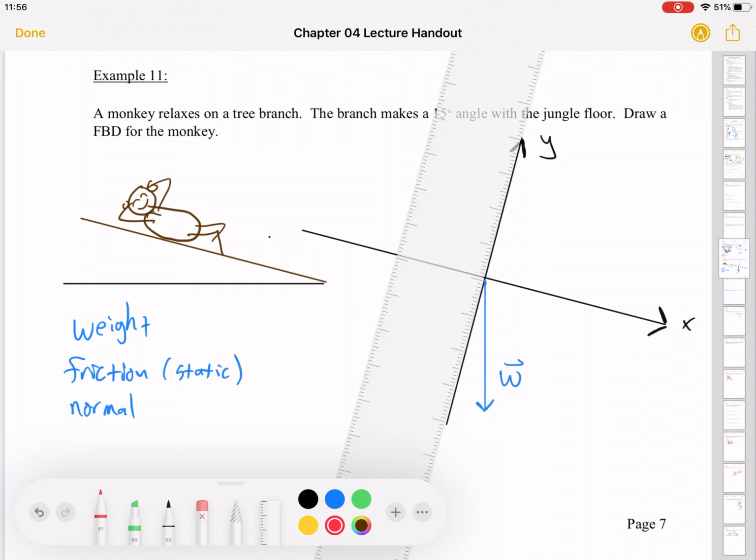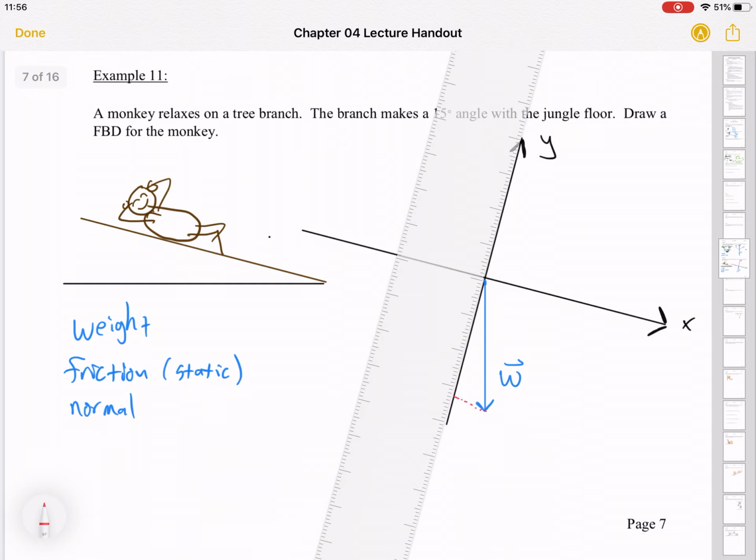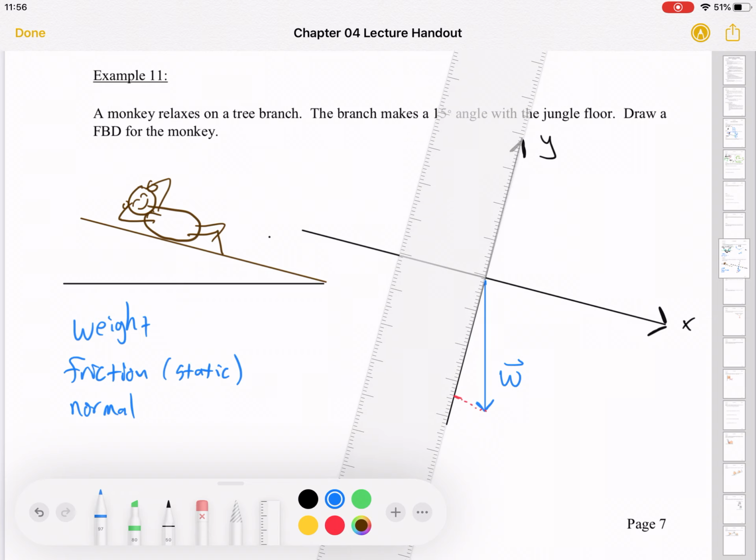So the normal force is going to exactly match the y component of weight, and the y component of weight dots over to about there. So it needs to be about that long, which is 3.5-ish tick marks. Maybe those are centimeters, I don't know.